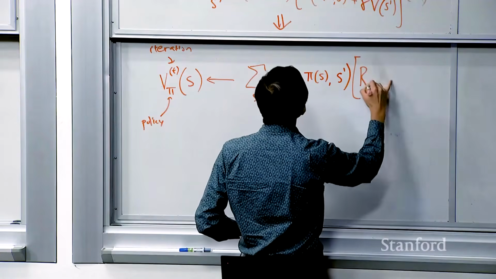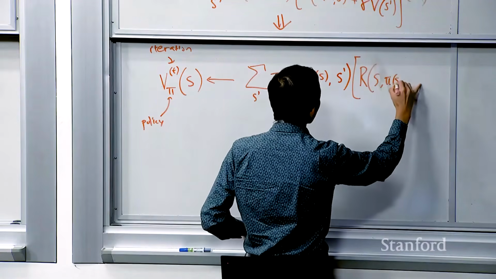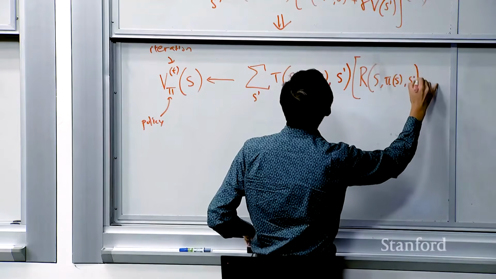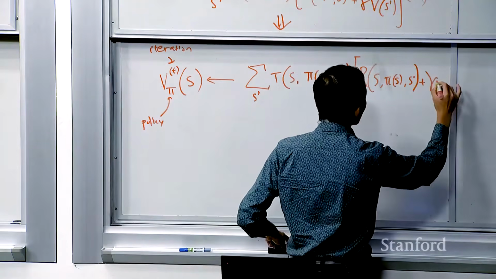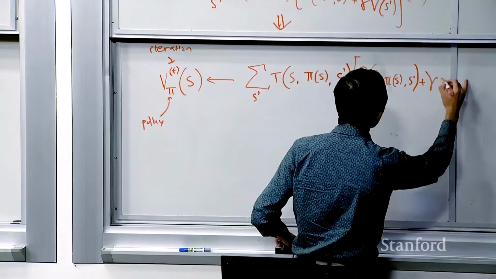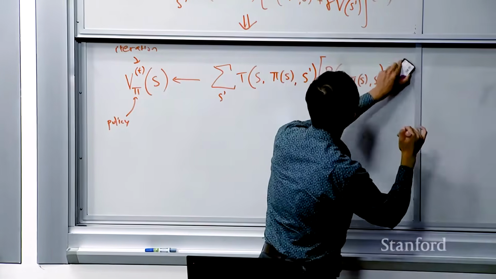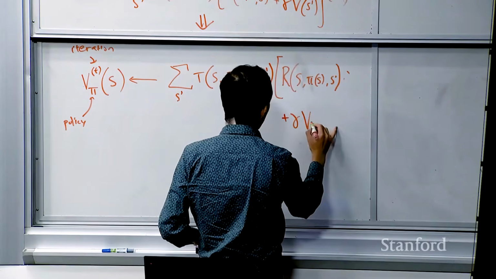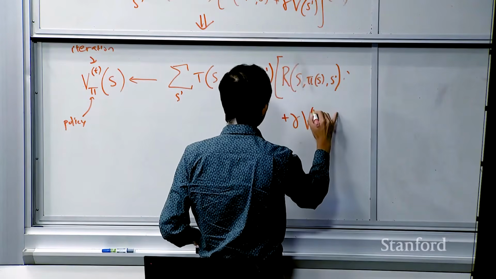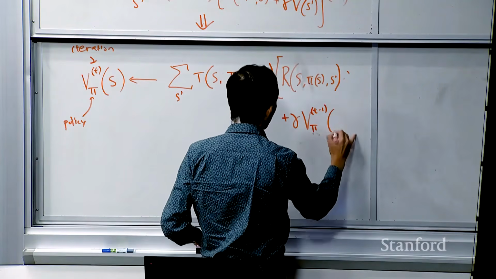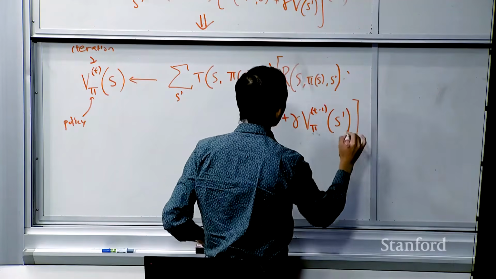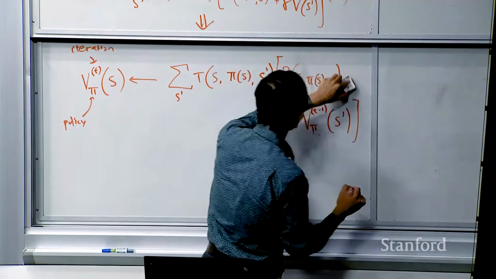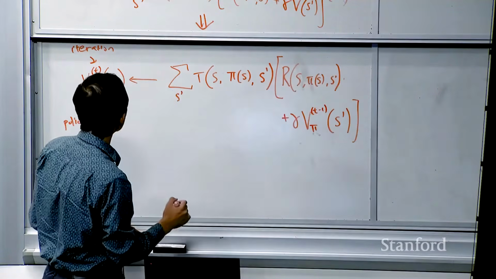And then this is Reward(S, pi(S), S prime) plus gamma. Hopefully people can still see that. Let me write it down here. Plus gamma of V pi of t minus 1 of S prime. Okay, so this is what's being computed in code here.